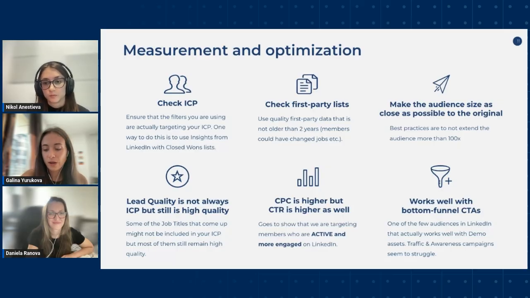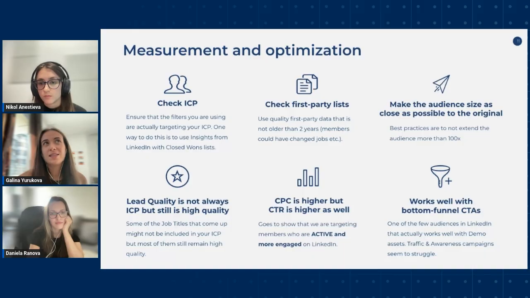However, what our LinkedIn reps advised us was to keep a very close eye on the predictive audiences and make sure that we check the quality every week. So this is something we used to do in the beginning every single week. We were downloading the leads, going through them, making sure the title is okay. Also, one thing they've suggested is that as time passes, the quality is not really as strong as it is in the beginning, and this could be the case because maybe we're exhausting the audience.